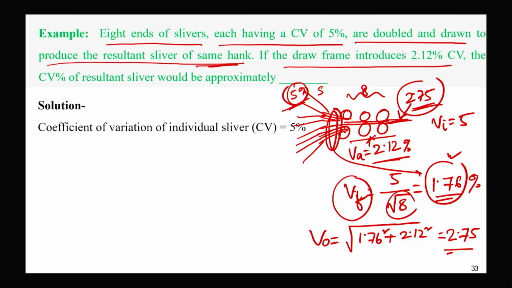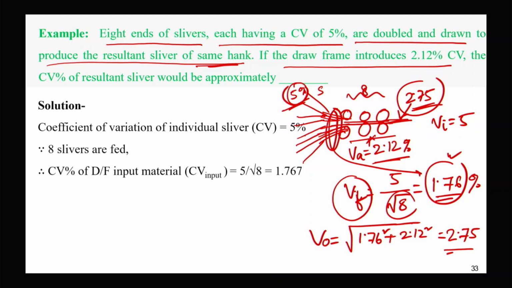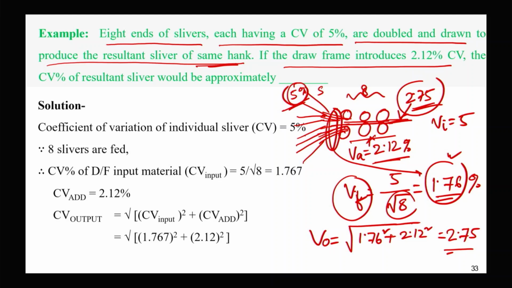That is an important function of the draw frame, to reduce the unevenness in the sliver. So you can see here this has become 2.75%.